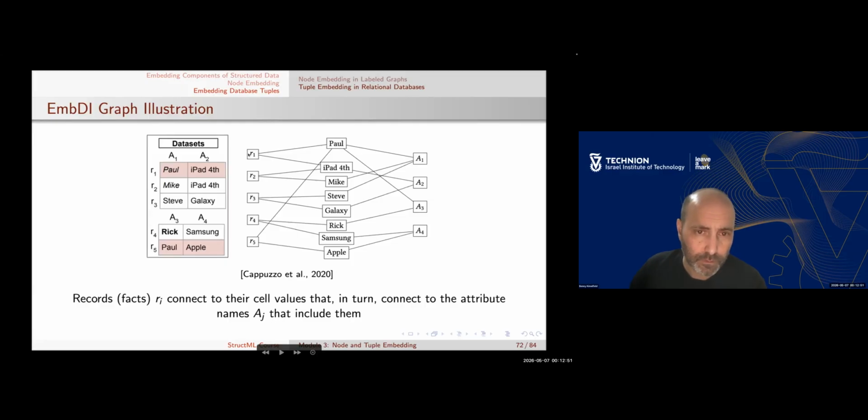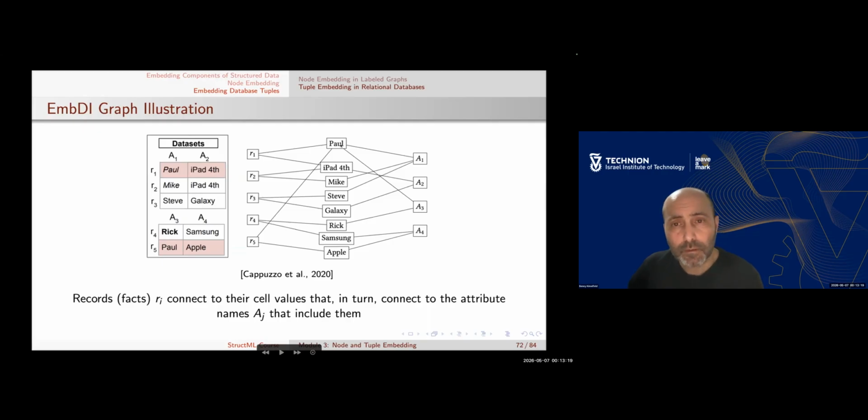So this gives us five nodes, record nodes. We have these cells, but we look at the values as nodes. So we don't have, for example, two nodes for an iPad 4, but only one. And so you connect the records to their cell values.